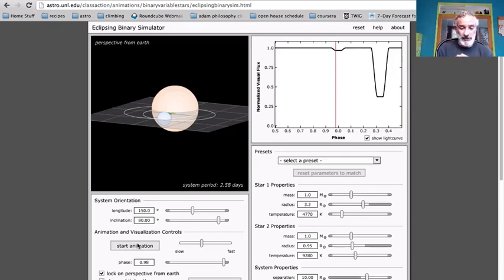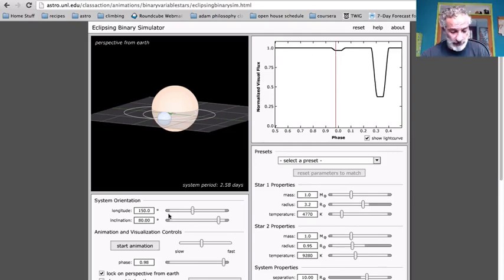The piece of it that is being obscured by the blue star is less luminous than the blue star itself, and so we see on the whole a little bit less light, but less than when the blue star transits. So the ratio of the depths of the two dips tells us, of course, the ratio of the temperatures of the two stars. Moreover, there's this flat region over here at the bottom of both dips.